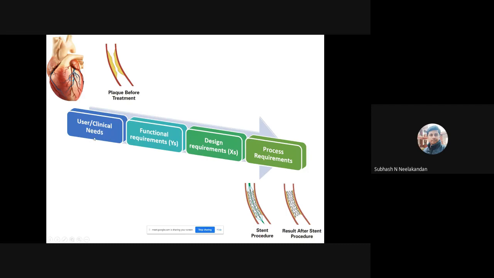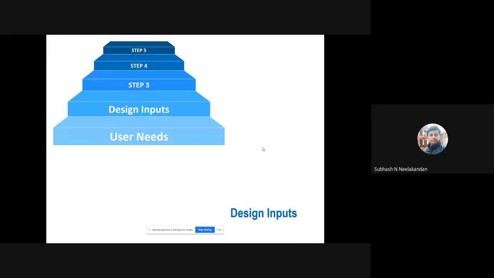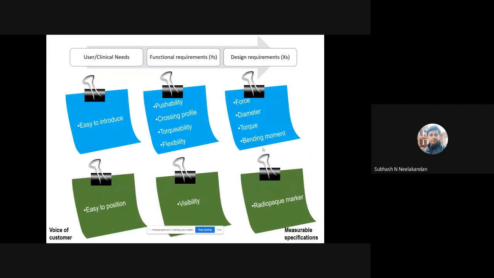So from user or clinical needs, three different sets of specifications need to be developed. Number one is functional requirements. It should be drilled down to design requirements, and finally it should be drilled down to process requirements. So giving a small example, let's take a user or clinical need as easy to introduce.